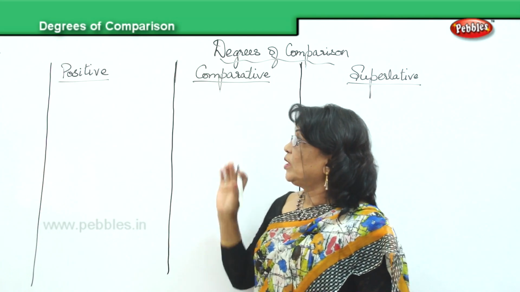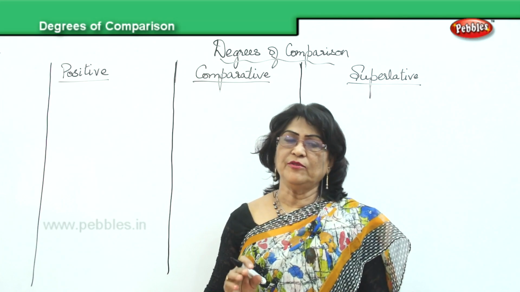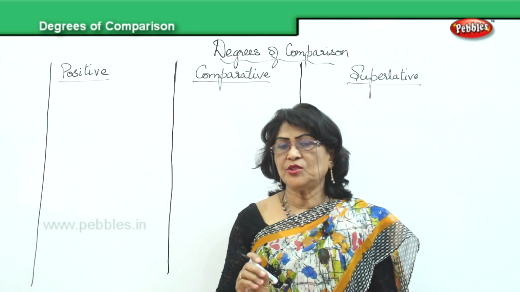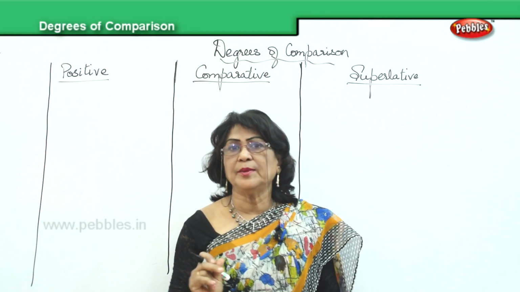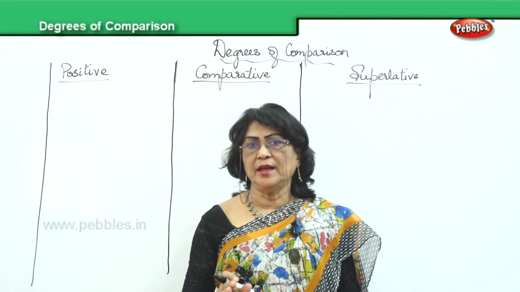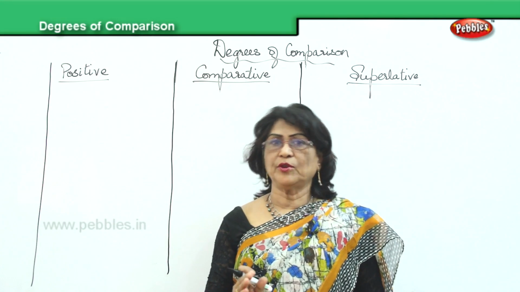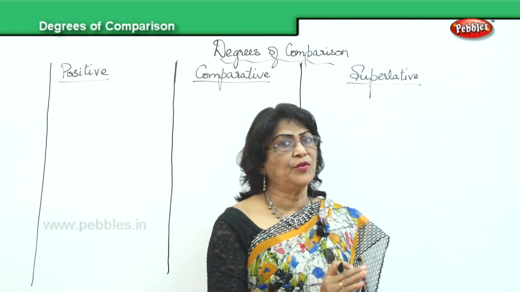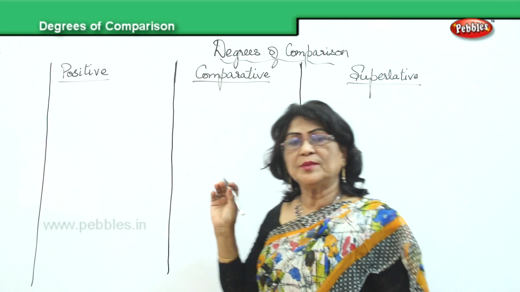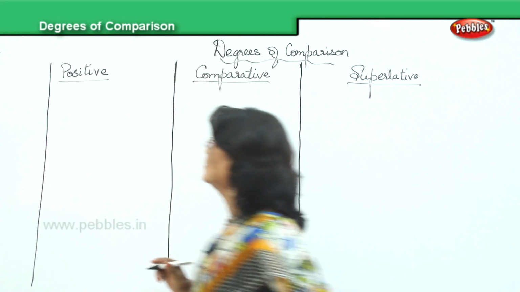Okay, we are going to do the rule number 1 first. The first rule is that any adjective with one syllable which ends with a consonant will take ER for comparative and EST for superlative. That's what we are going to see now. I'm going to give you some examples. Write down.